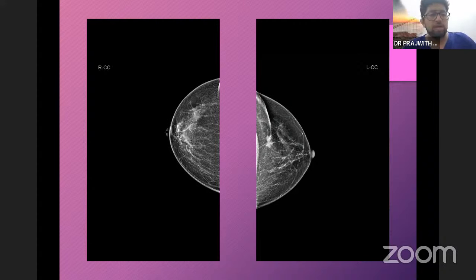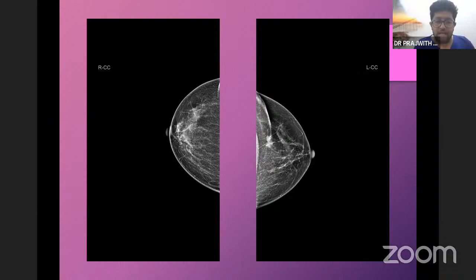Okay, so that was one more case. This is how we interpret mammography. Very simple. When we see any lesion, you see whether it is a mass or an asymmetry.